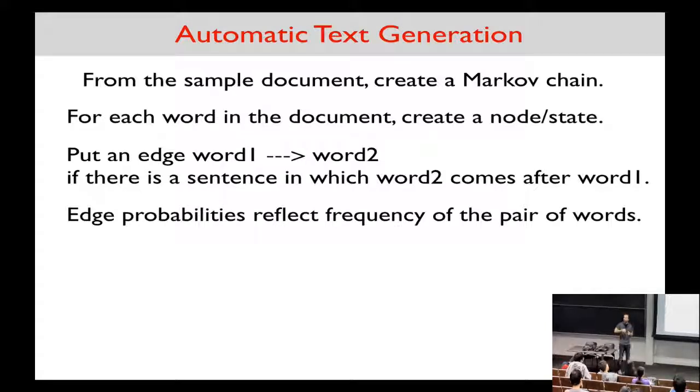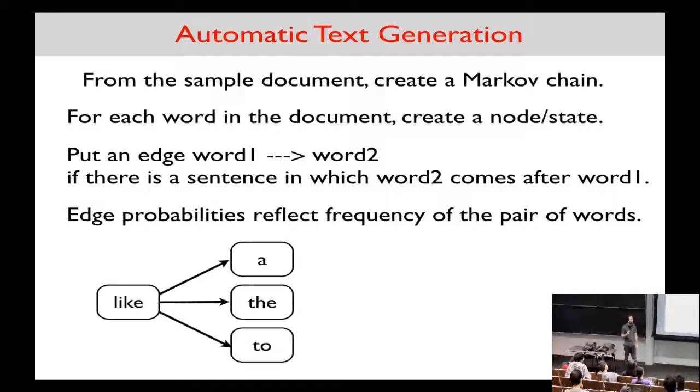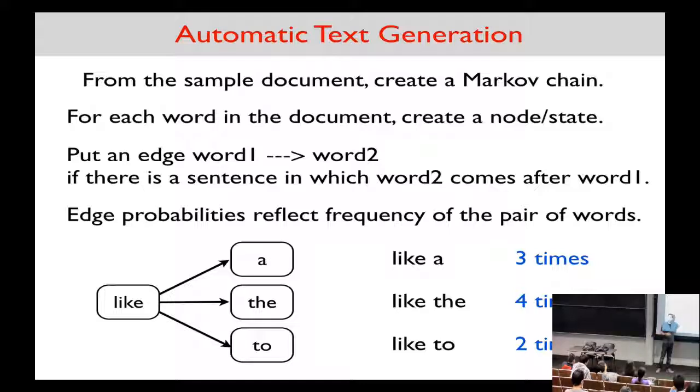And what are the probabilities going to be? The probabilities are going to reflect the frequency of those pairs of words. So for example, let's say I have the word "like" in the document, and it is sometimes followed by the word "a", sometimes by the word "de", and sometimes by the word "to".